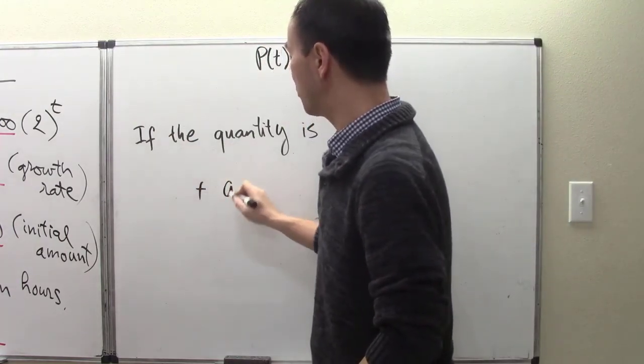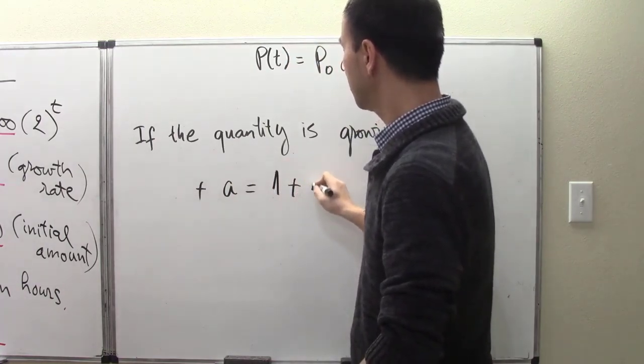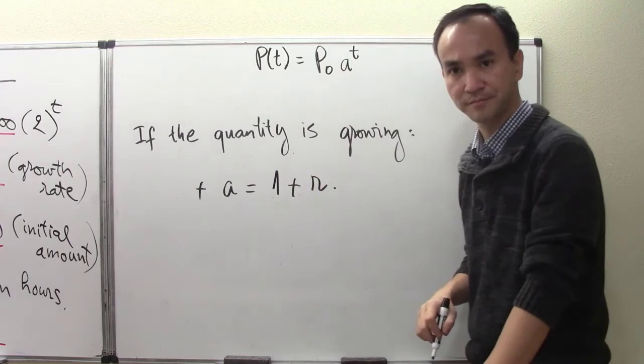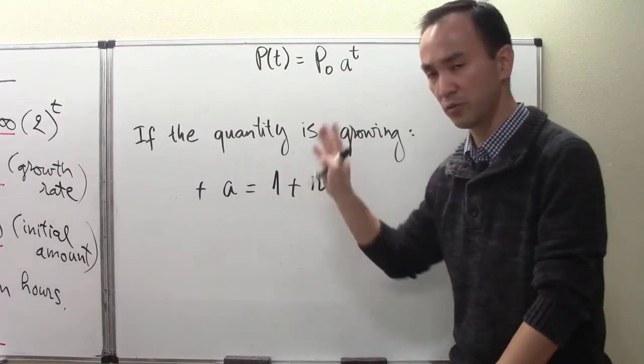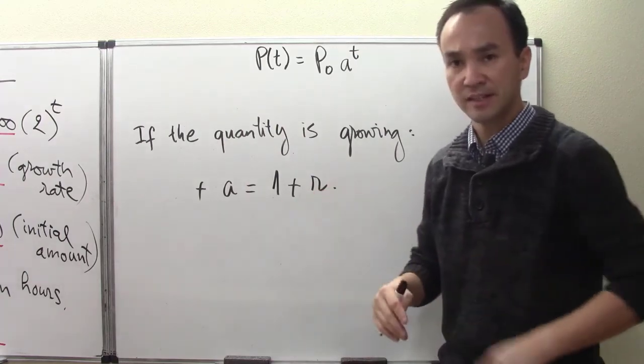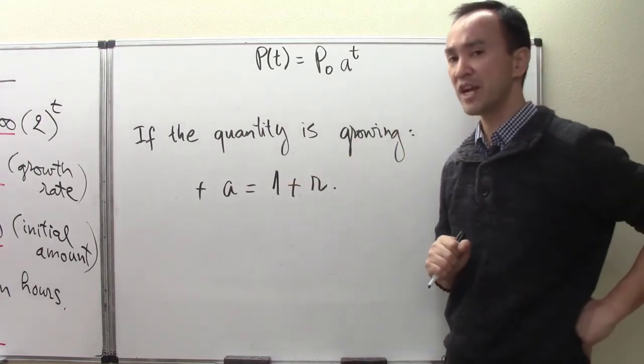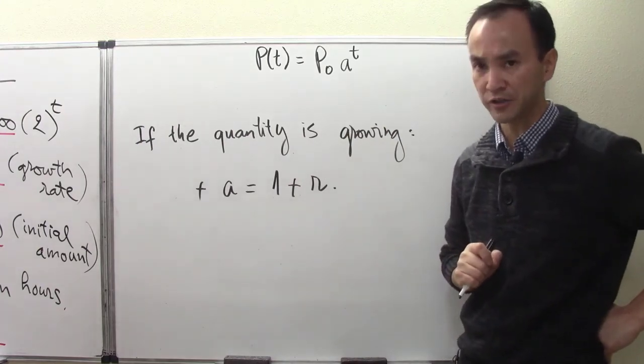The a will be 1 plus the rate. So we have seen that in problem 3. Sadly, I had to erase that. In problem 3, we had a rate. So the rate will always be indicated by a positive number.